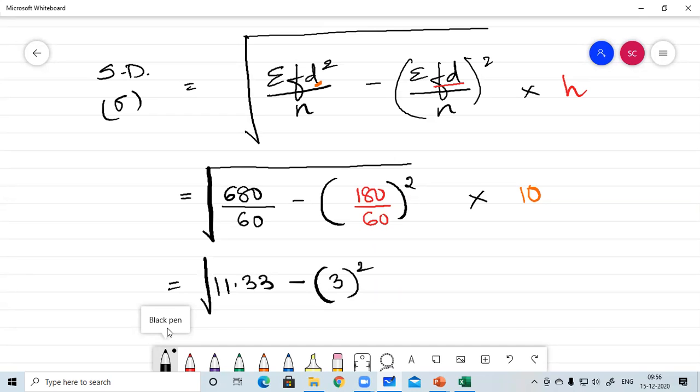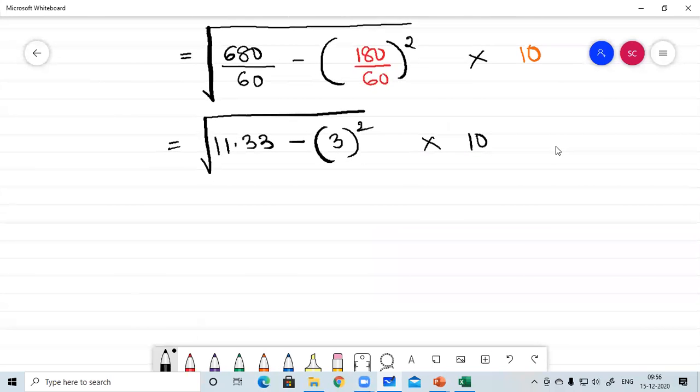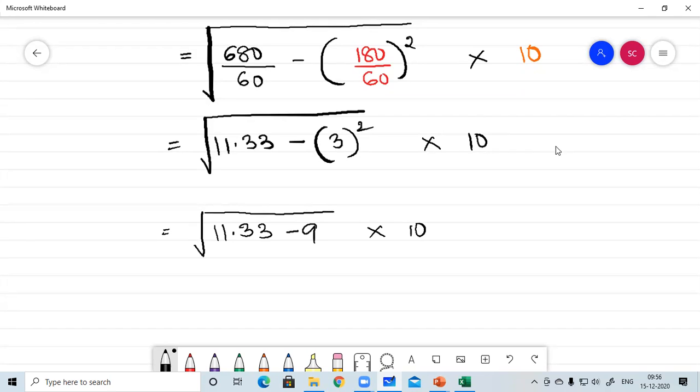Raised to the power of 2, this goes under root, into 10 for class interval outside the square root sign. So you will get the next part: 11.33 minus 9, that is 3 into 3, into 10. So the next step is 2.33 under root, outside into 10. Into 10 has to be done final.